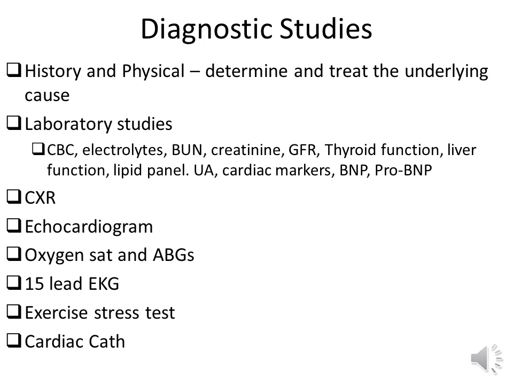Let's talk about the laboratory studies. We're going to do a CBC and electrolytes. We want to know about whether the person has anemia, because we said that could be one of the causes. We want to do a BUN, creatinine, GFR because we want to determine renal function.